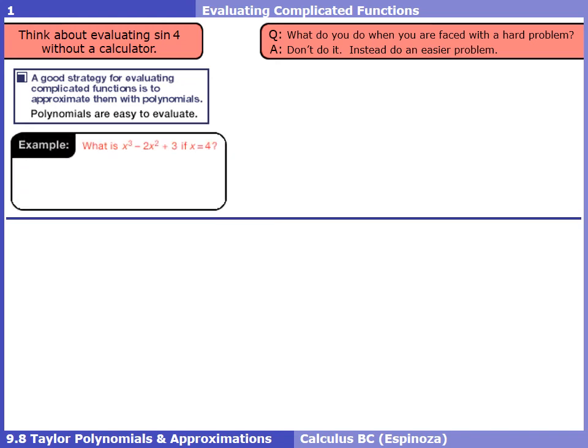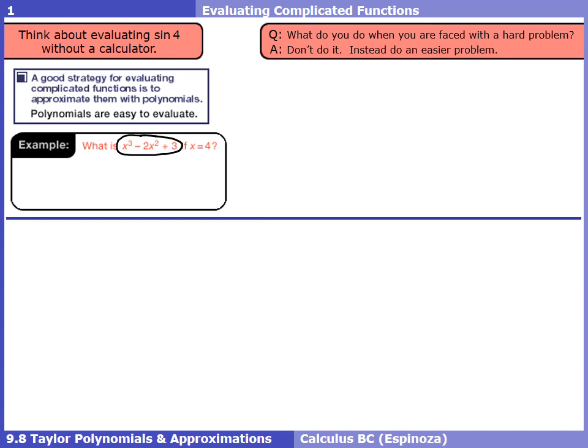Just as a quick illustration of what I mean, let's propose, and it's not true, that this function right here would give you an approximation for sine. Well, if that function would give you an approximation of sine, then of course we would rather use this function where we plug in 4 instead of trying to figure out what sine of 4 is.